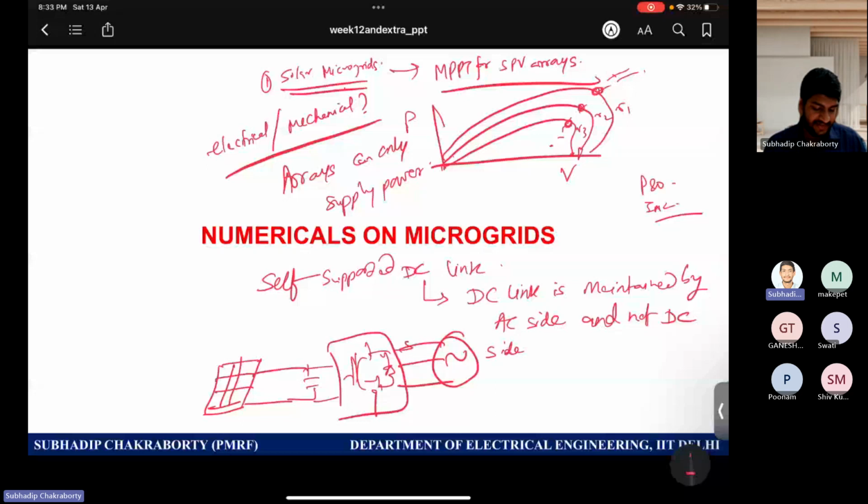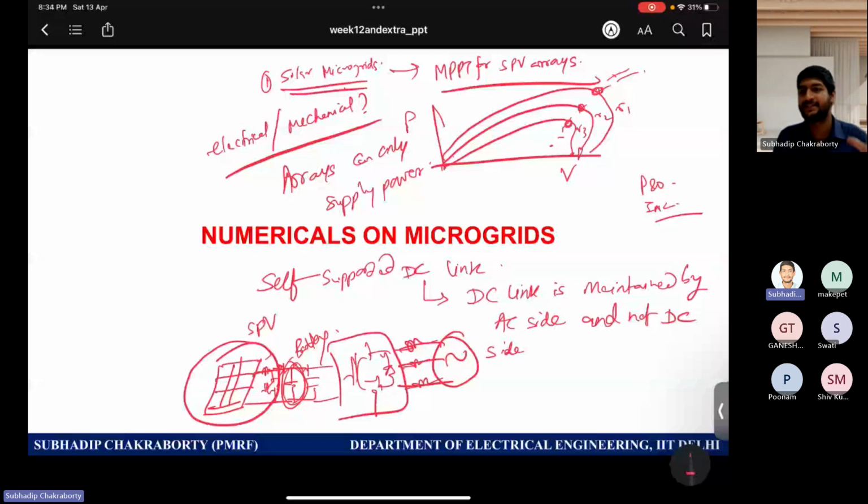If DC sources like a battery or solar photovoltaic arrays are there, with some converters in between, maybe boost converters, and the battery is directly there, then who is maintaining the DC link constant? You then say it is not self-supported, because someone is sitting at the DC side to maintain the DC link voltage.